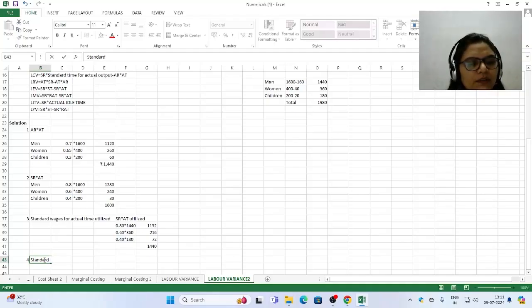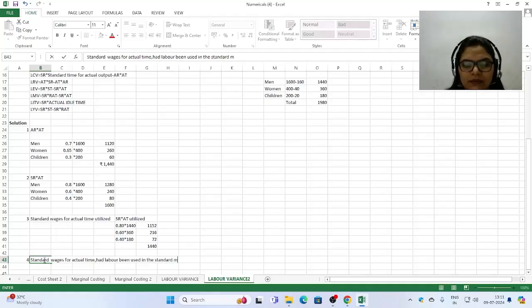Standard wages for actual time. Had labor been used in the standard mix ratio?